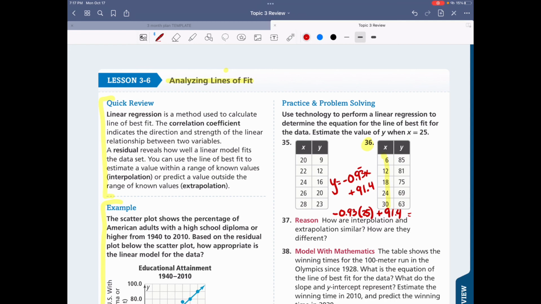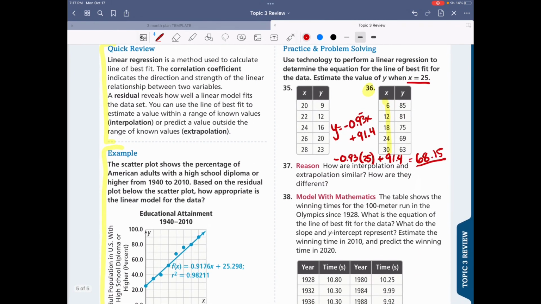So negative 0.93 times 25 is negative 23.25 plus 91.4. That equals 68.15. So when x is 25, y is 68.15. And you'll have one of those on your test.